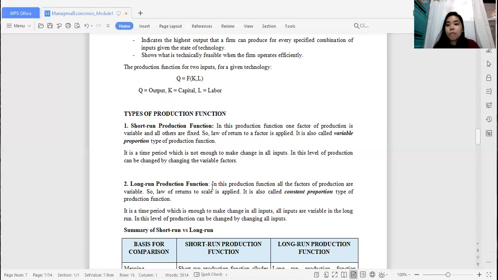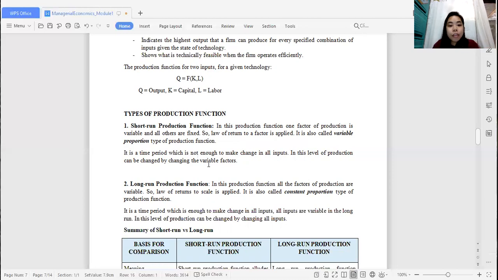So when we speak of the short-run production function, among your 4 inputs, you have one or more inputs that are fixed and the rest are variable. They cannot all be fixed, and they cannot all be variable, because if all are variable, it becomes long run. So, what you should remember is that in the short run production function, one or two inputs are fixed, but not all, and the rest are variable.